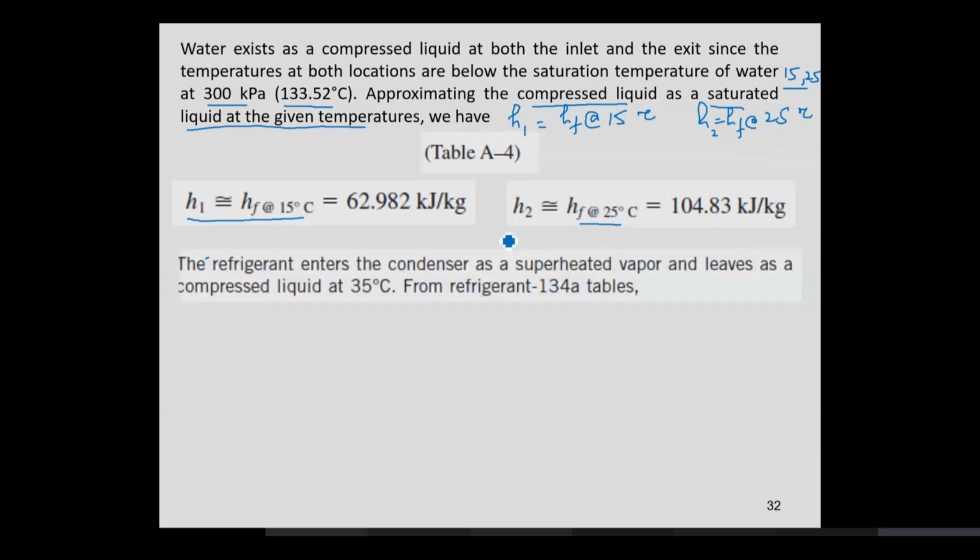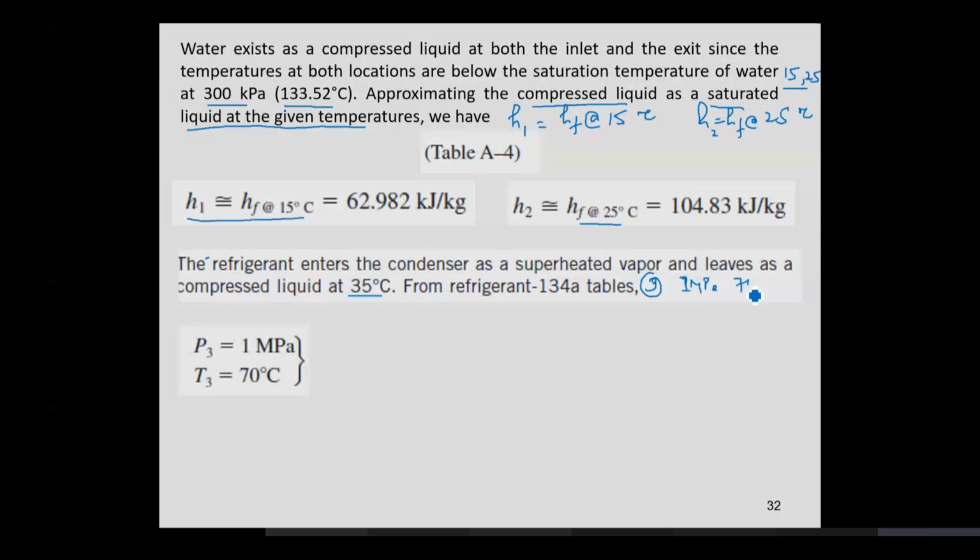For refrigerant R134a, you will go for the first condition. The refrigerant enters the condenser as superheated vapor and leaves as compressed liquid at 35 degrees centigrade, at 1 megapascal and 70 degrees centigrade.